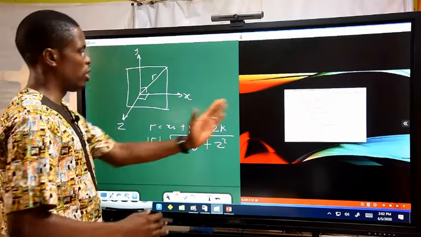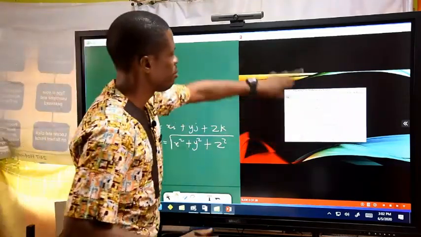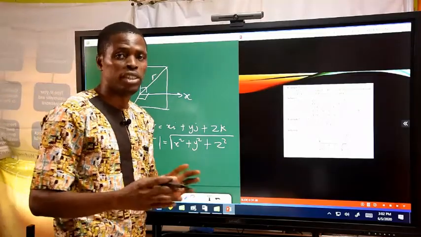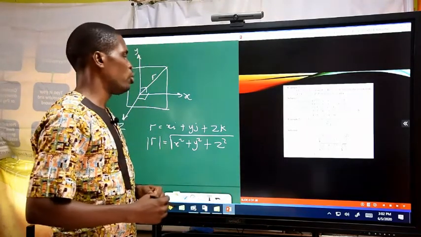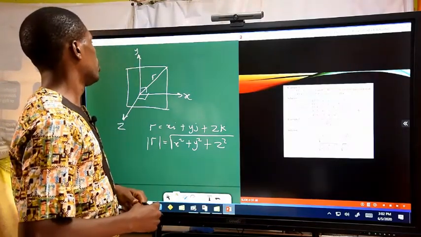Okay? So this is what we are trying to explain in the diagram there, so that we'll be able to apply that in solving some problems. So we can find the distance between two vectors. We can represent a vector with respect to the geometry, what we call the coordinate geometry of the vector, and we'll look at that as we continue in the class.